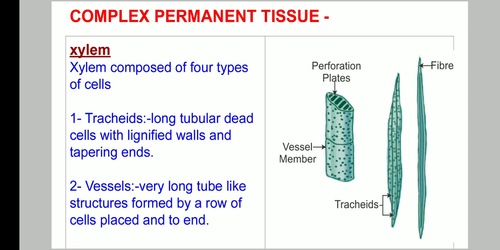Then vessels. You can also see the vessel in the diagram. Vessels are long tube-like structures formed by a row of cells placed end to end.